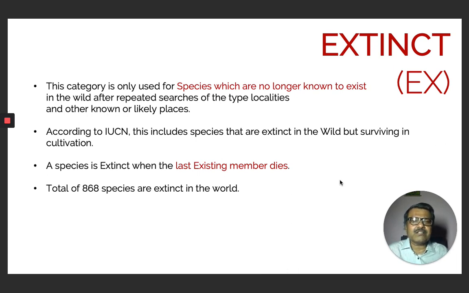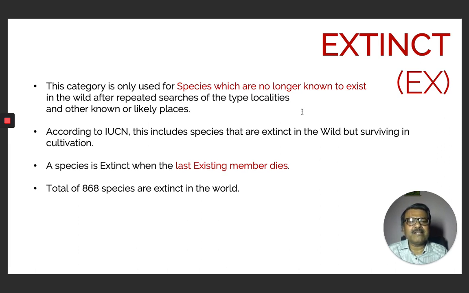Now we shall discuss all the threat categories, the IUCN categories of threat. They have been classified into 9 groups. Let us see. The first one is the extinct group. This category is only used for species which no longer exist, meaning the species is not available on the earth.